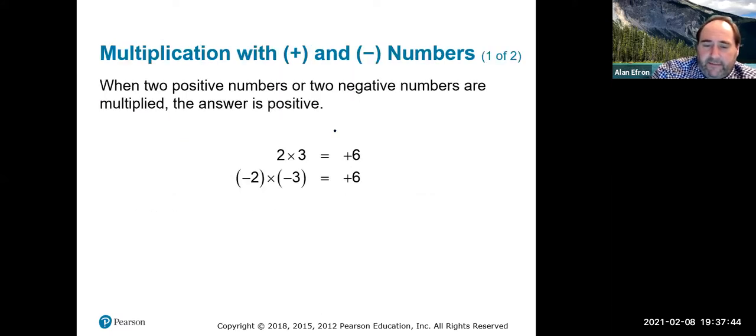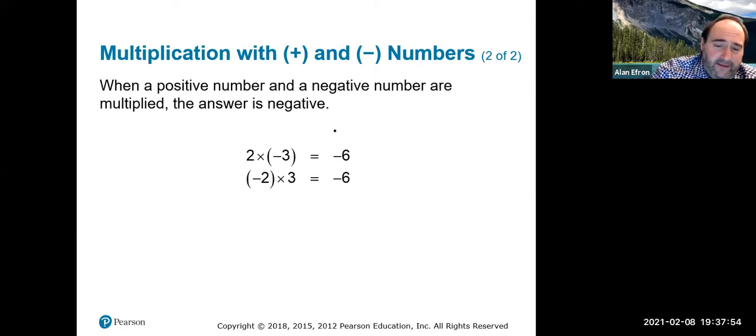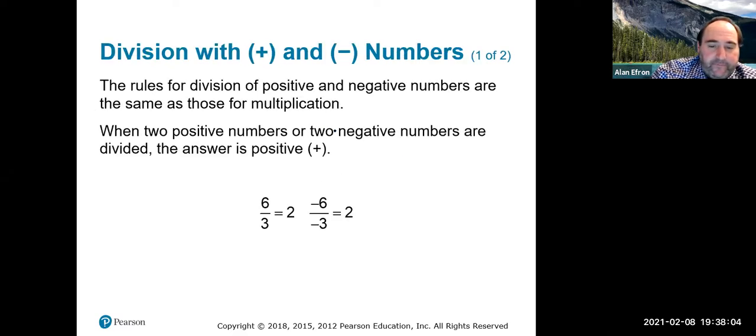Obviously here, 3 times 2 is 6, minus 3 times minus 2. Those two negatives will turn into a positive, and in most cases, you probably would not put the positive there. Here, a positive and a negative number gives us our negative. Either way, as long as we have that negative, it will turn those numbers into negative numbers.